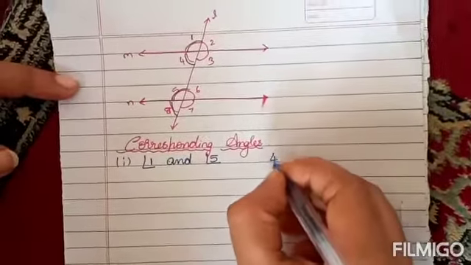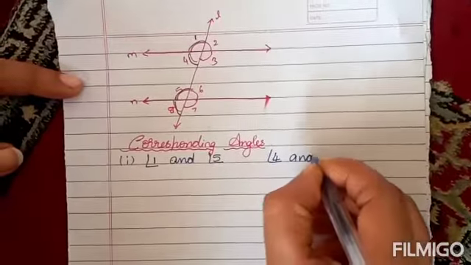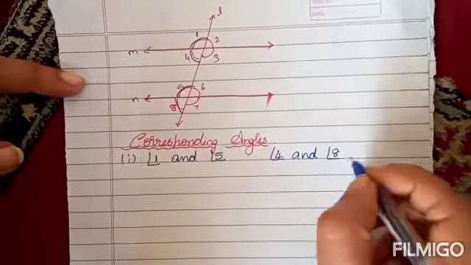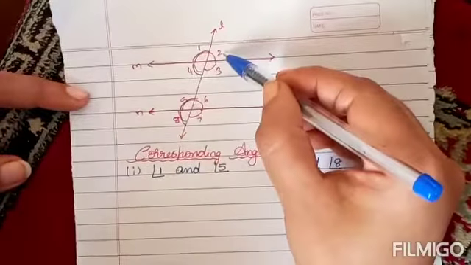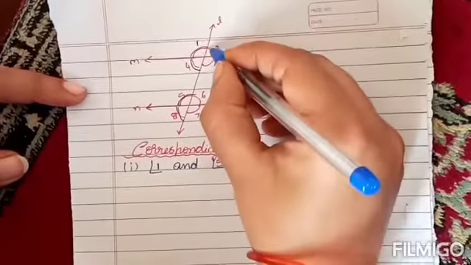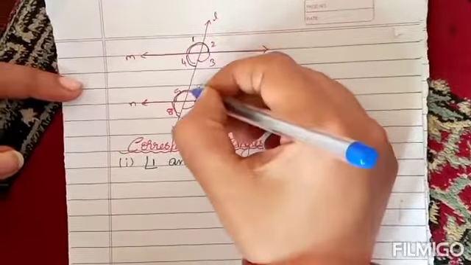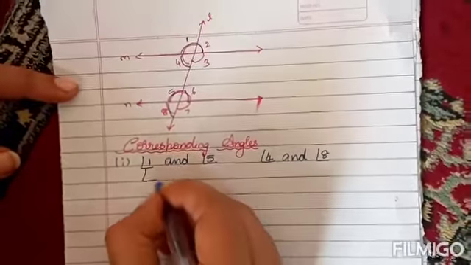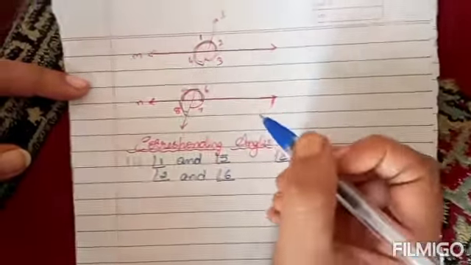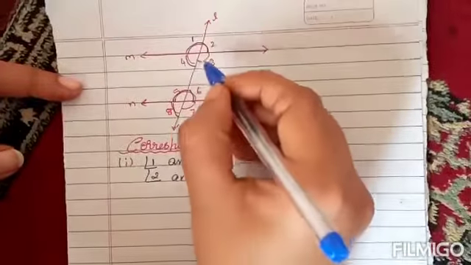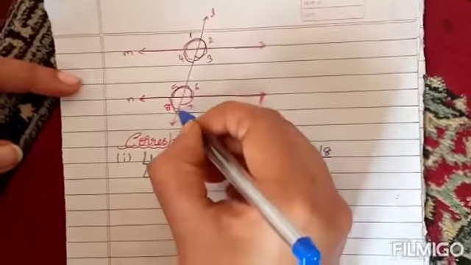Angle 4 and 8. Now you are going to say angle 2 and angle 6. See here, this one, 2 and 6. Angle 3 and angle 7. Here it is 3 and 7.